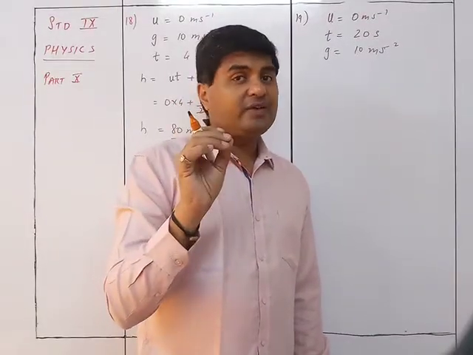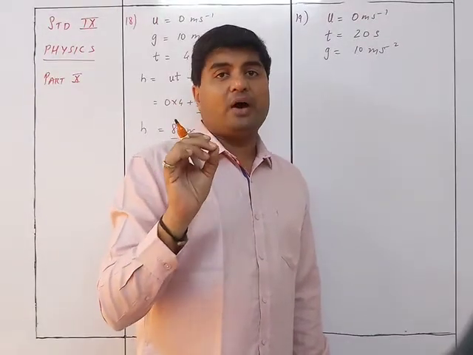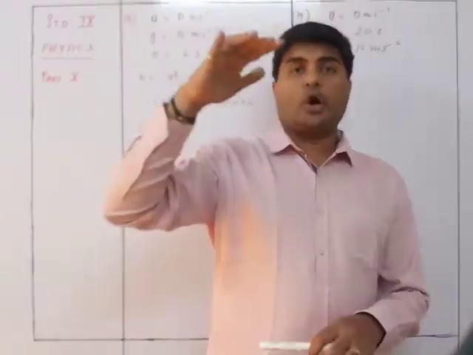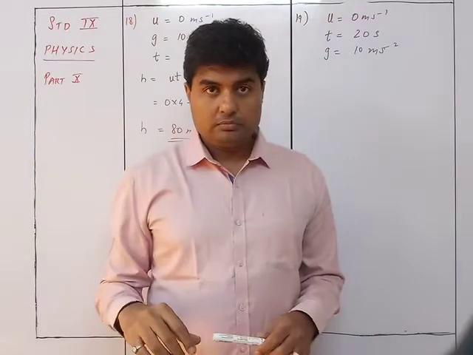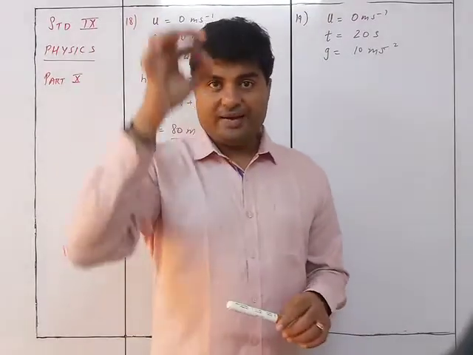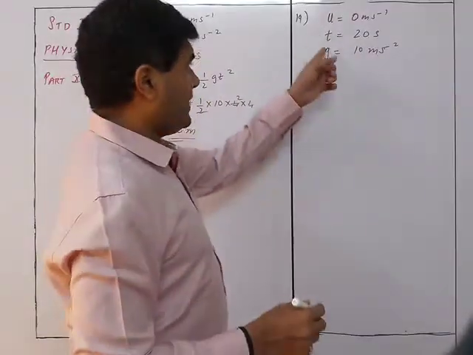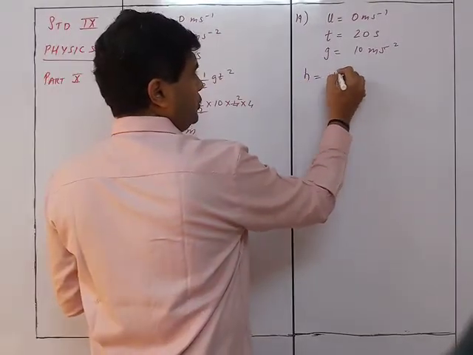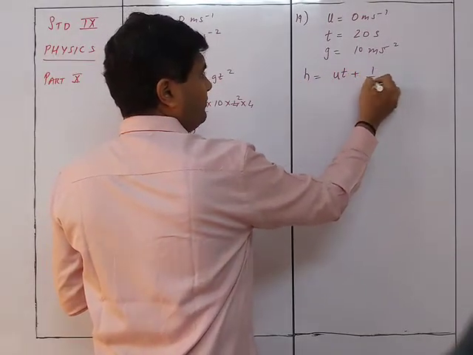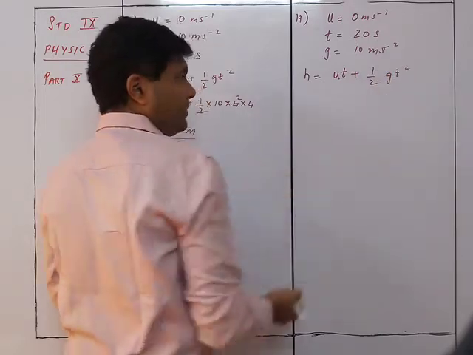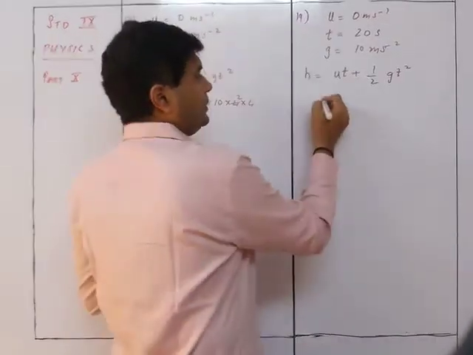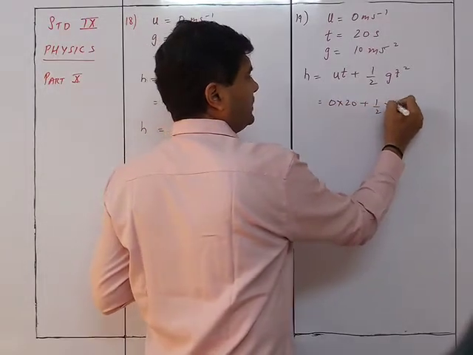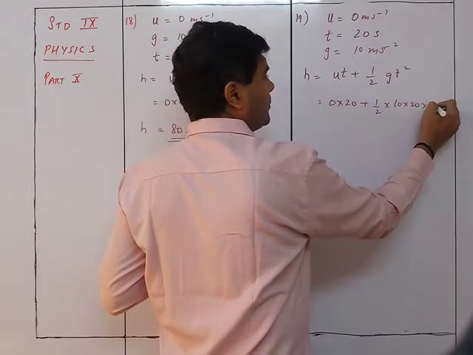So first thing I can do is find out the depth of the water surface from the top of the well, right? Because it took 20 seconds, I can find h is equal to ut plus half gt square. Why? Because it is going downwards. So it's 0 into 20 plus half into 10 into 20 into 20.